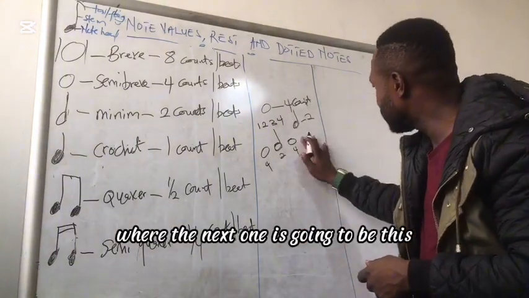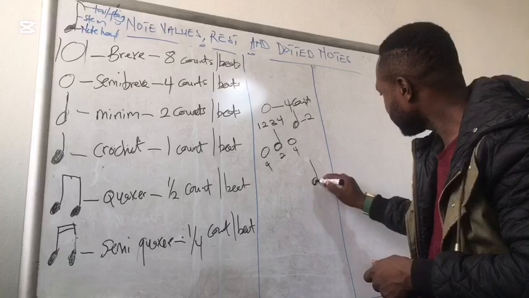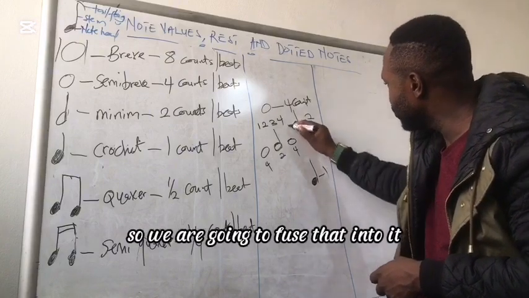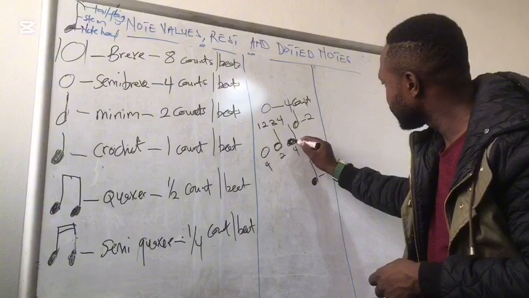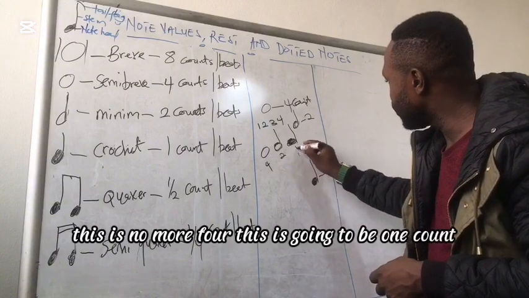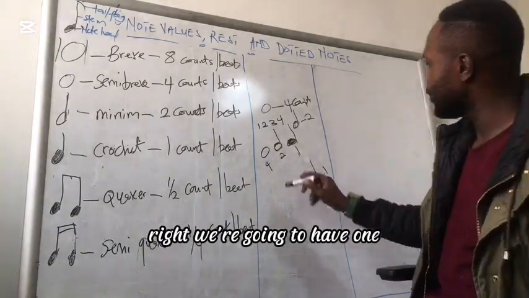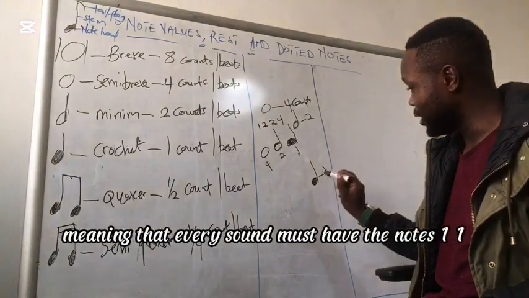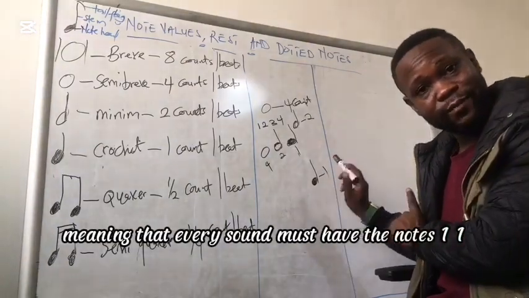The next one is going to be this, which has a 1 count, so we are going to fuse that into it. This is no more 4. This is going to be 1 count, right? So these are pulse 1, meaning that every sound must have the note 1.